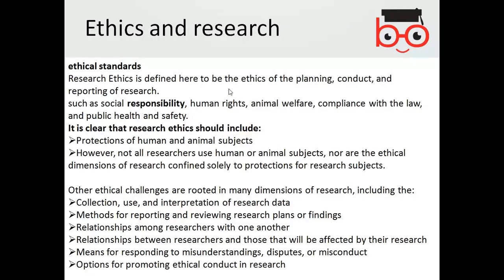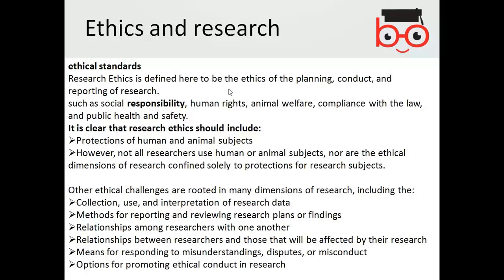These are certain standards and limitations, such as social responsibility, human rights, animal welfare, compliance with the law, and public health and safety. You cannot ignore these concerns to carry out your research.